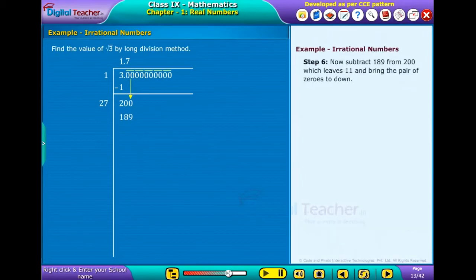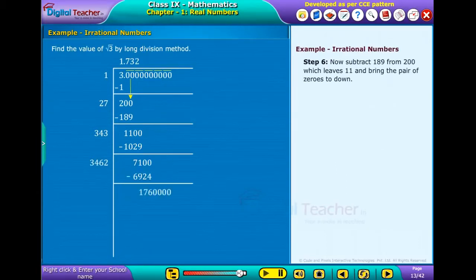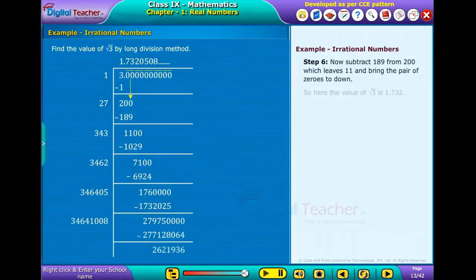Step 6: subtract 189 from 200, which leaves 11, and bring the pair of zeros down. So, here the value of root 3 is 1.732 and so on.